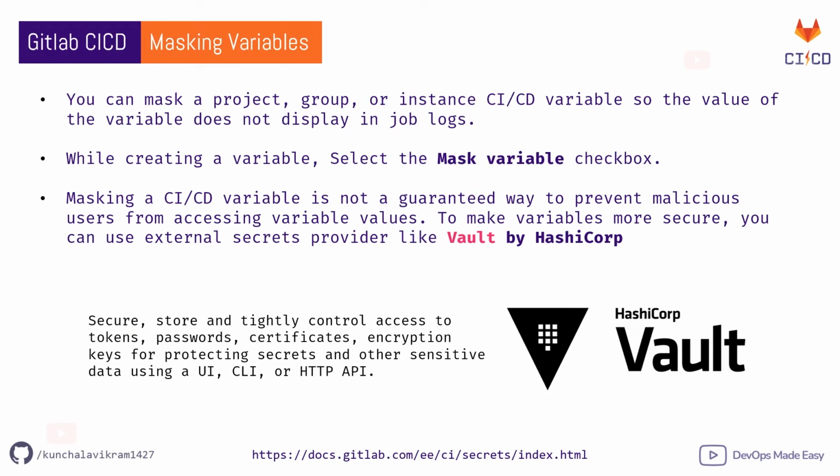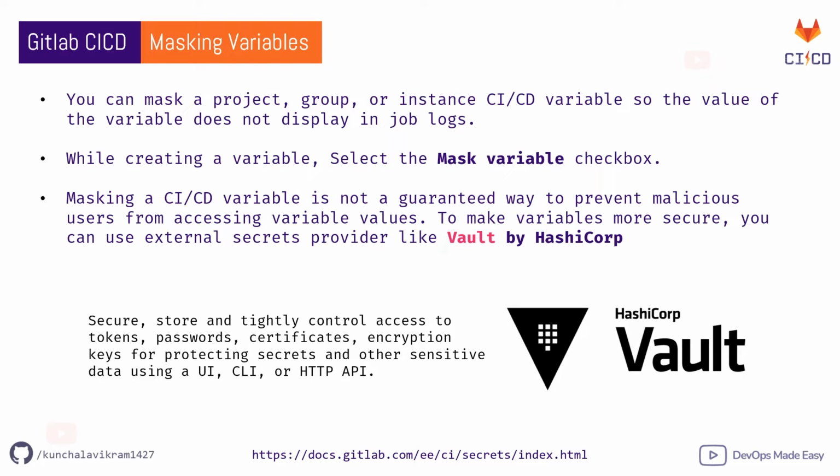And sometimes you might need to mask variables, because once you set a variable, you can easily see it by echoing it. In case you want to protect a variable from getting displayed in the job logs, you can mask it. Masking is only applicable for the variables set through the project. That is, if you're setting some project level variables, you will get an option to mask that variable.